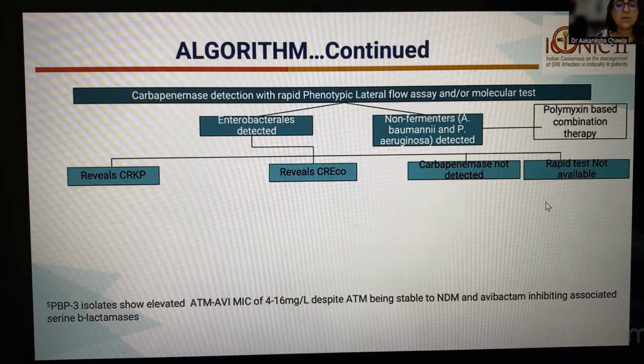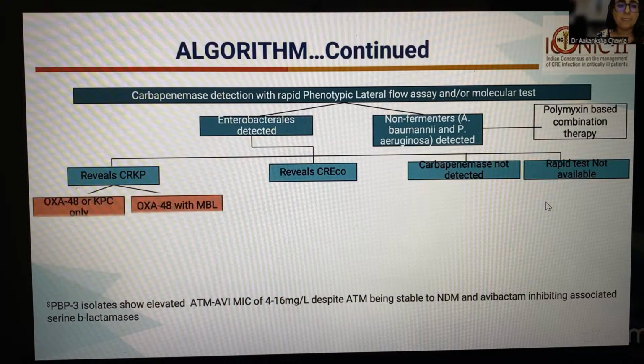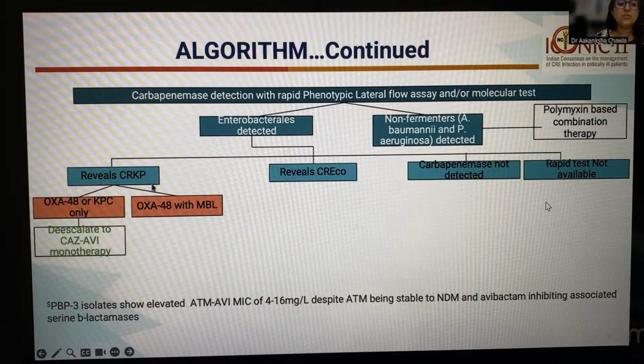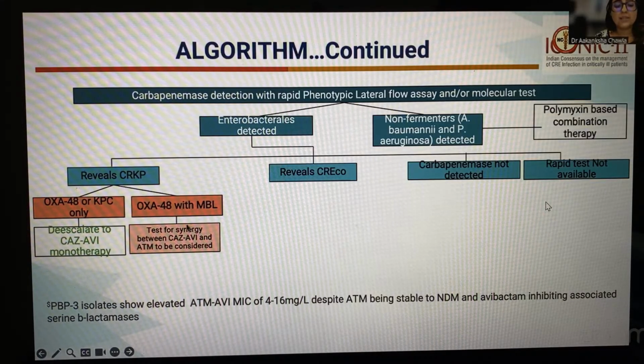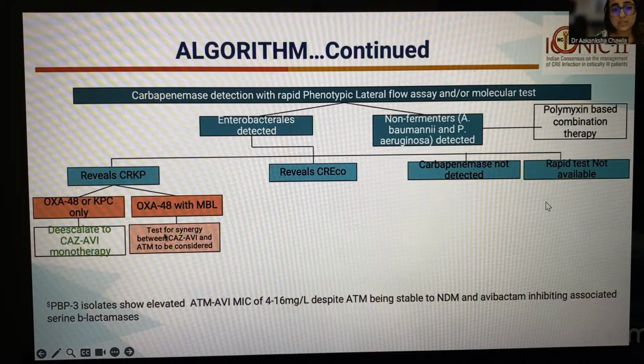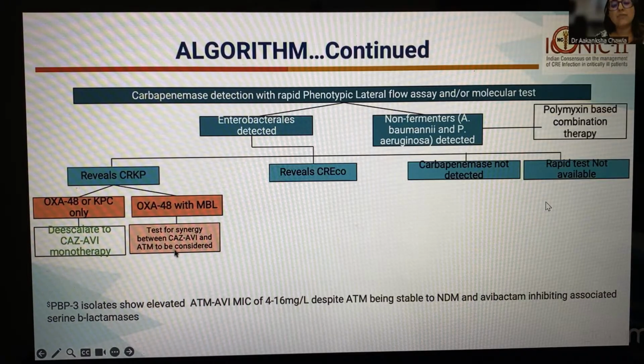Carbapenemase may not be detected or a rapid test may not be available. When you have a Klebsiella which is resistant, it is either going to be OXA48 or KPC. For an OXA48 or KPC only, you can de-escalate to Cas-AVE monotherapy. And for an OXA48 with a metallo-beta-lactamase, you test for synergy between Cas-AVE and aztreonam, and that is the combination you have to consider.